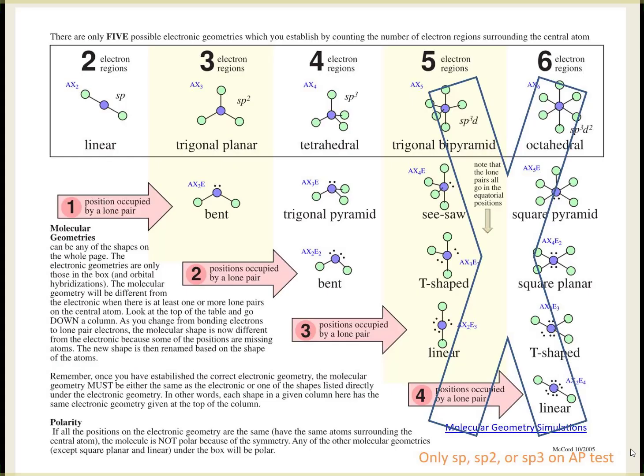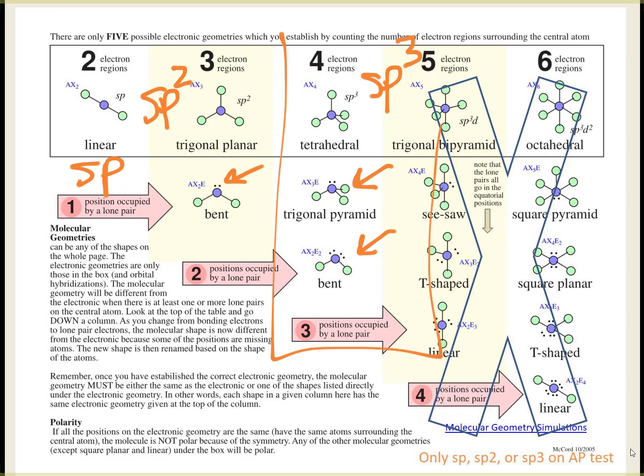As I said before, you will only have an sp, an sp2, or you will have an sp3. So those are your only options that you will have. You can take off one electron and so have kind of a different bent molecule, but it would still be sp2. And you can take off one or then two electrons in that tetrahedral electron domain.